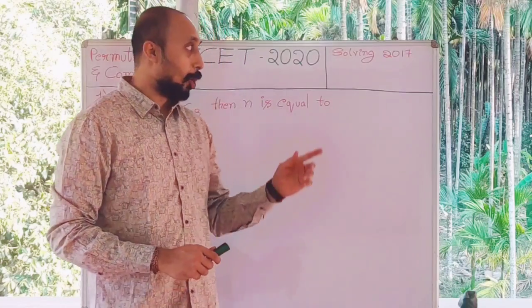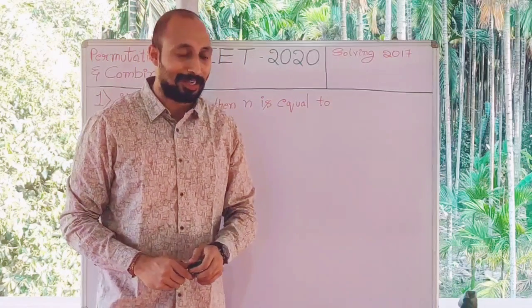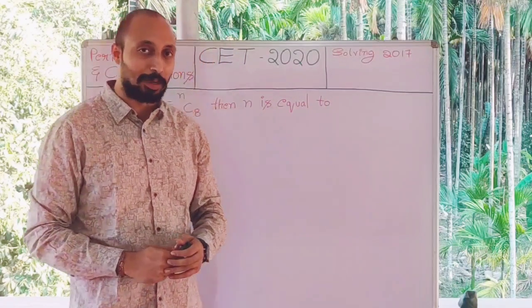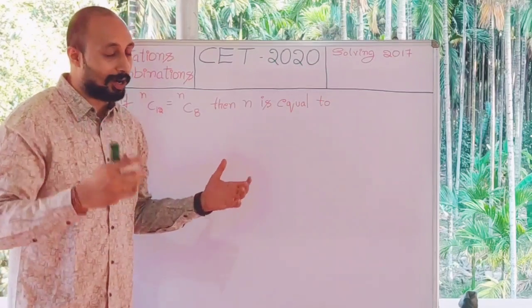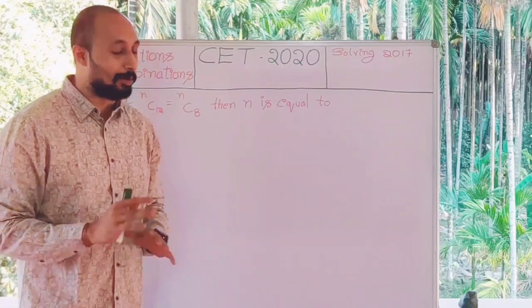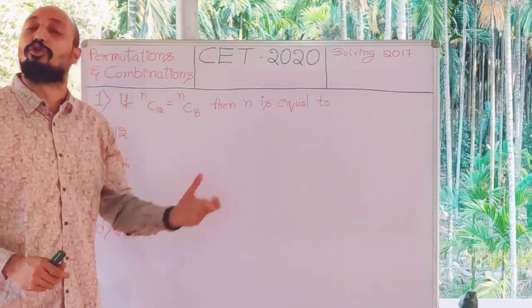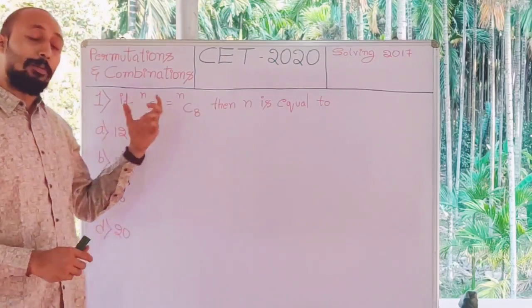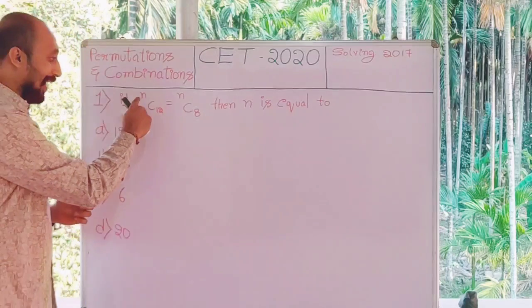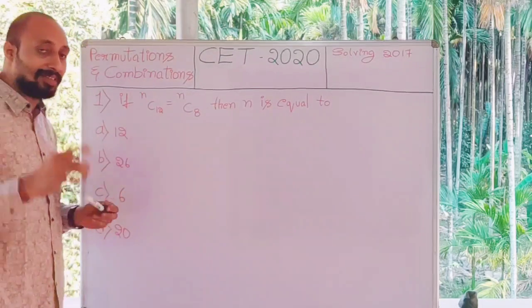So students, here is the only question of permutation combination in the 2017 question paper, and this is a 1 mark question in your board exam, a very simple question. They have given the equality of 2 combinations here. When 2 combinations are equal, where n is the same, there is a condition.